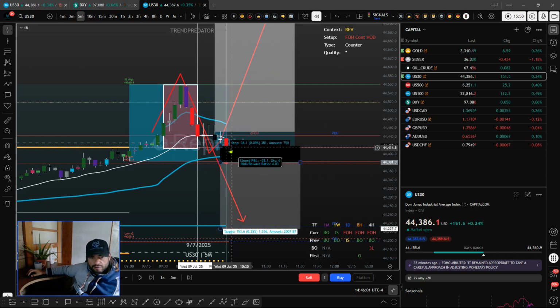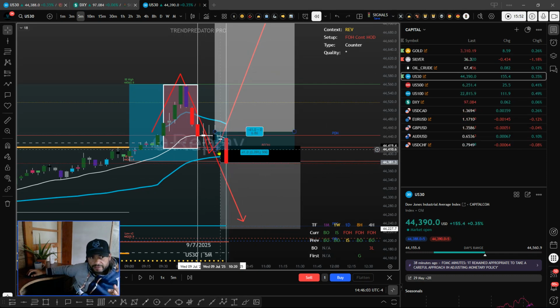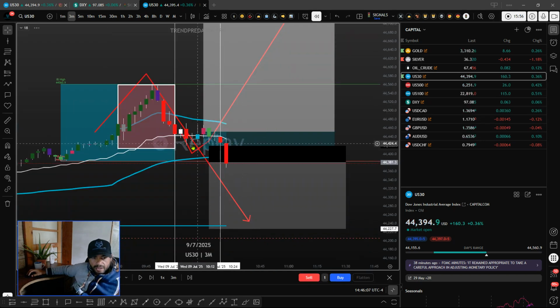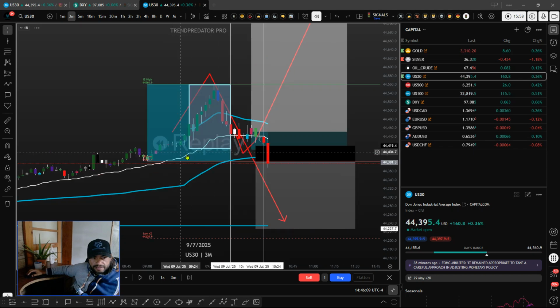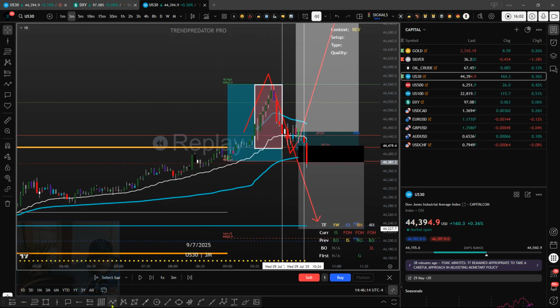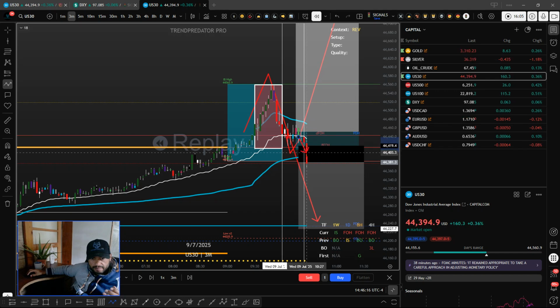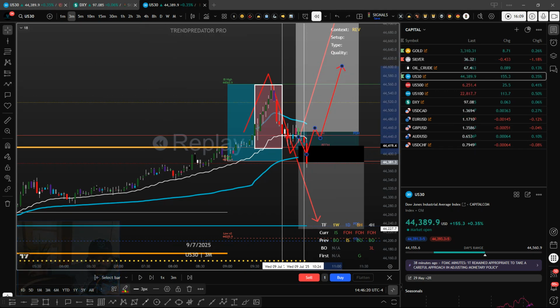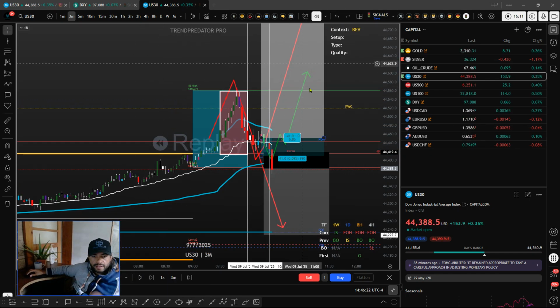But what I was looking for, and I was too stubborn in anticipation of it, I think I was even looking at a 1-minute chart at that point, was a fake out low, as I've already explained a few times now, of the Wall Street lows. So a dump and pump back inside to move up. That's what I was preparing myself for.